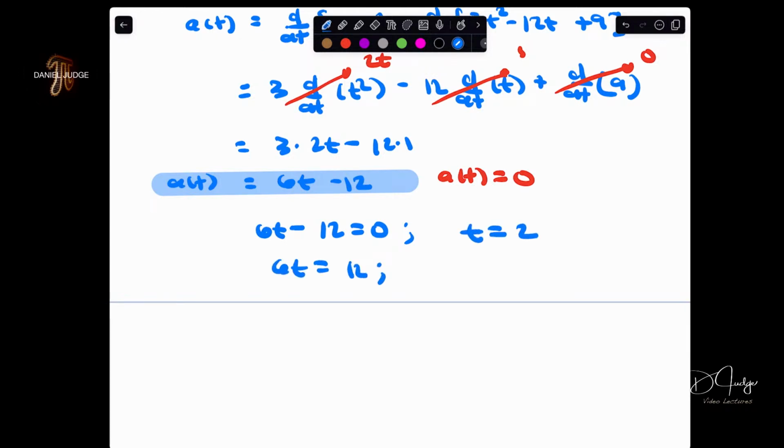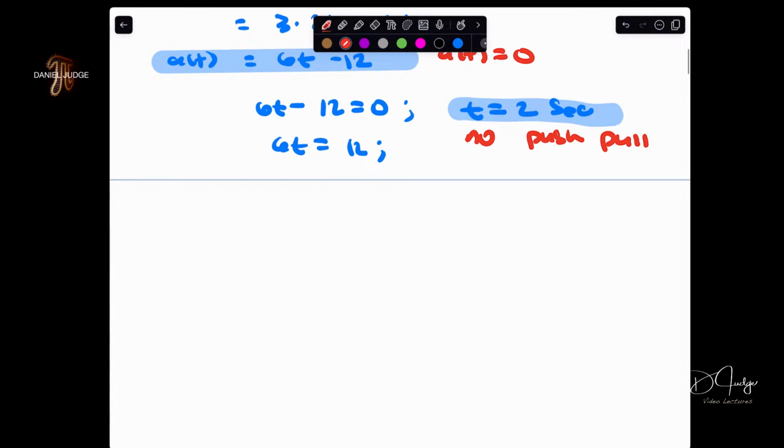T equals 2 seconds. So, okay, we know when acceleration is 0. That happens at 2 seconds. That means there is no push or pull. Okay, so I just want to remark about that so you guys are aware. There's no push or pull at t equals 2 seconds.